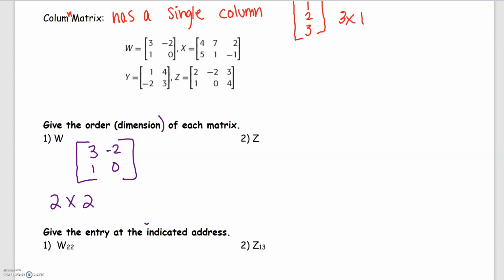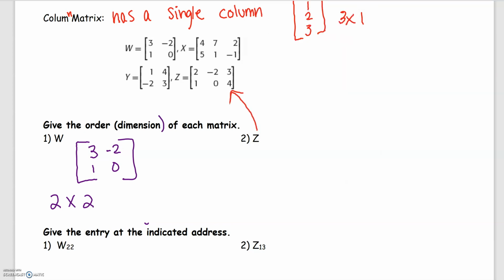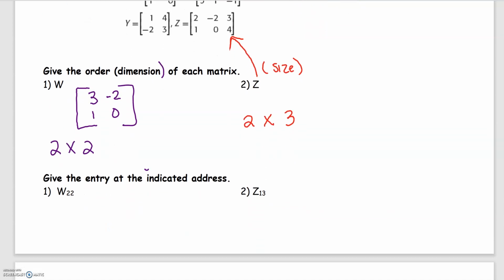For Z is right here. So how many rows? 2. How many columns? 3. So again, this is our size that we're looking at when it asks for dimensions.